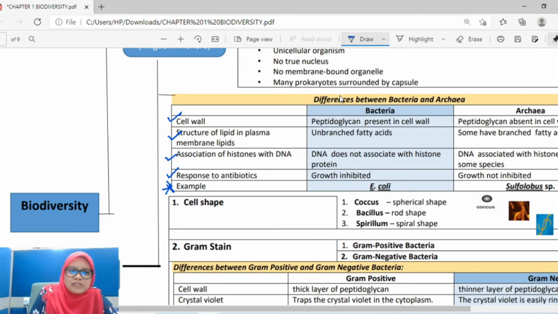Then in terms of lipid in plasma membrane, bacteria have unbranched fatty acid, compared to archaea, some of which have branched fatty acid in the membrane. In terms of association of histone protein with DNA, for bacteria, the DNA does not associate with histone protein. But for archaea, the DNA associates with histone protein. And in terms of response to antibiotic, for bacteria, the growth is inhibited. But for archaea, the growth is not inhibited.